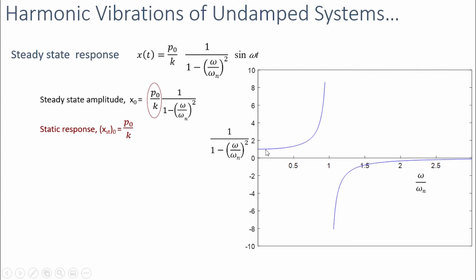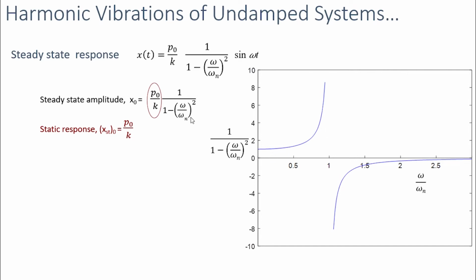As the frequency ratio increases, the value of this factor also increases, and when the frequency ratio is near 1, it is increasing at a higher rate. So when the frequency ratio is close to 1, the steady state amplitude will be much higher than the static response, as this factor is very high when the ratio is close to 1.